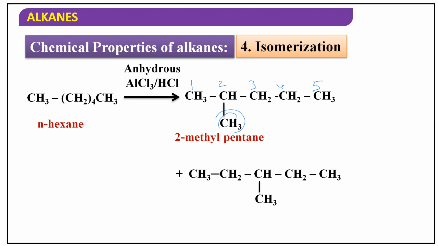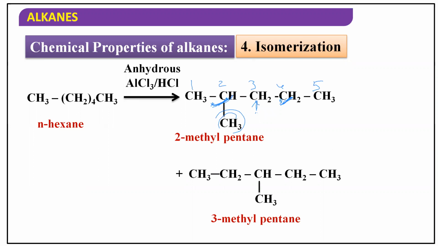Then, of course, another product, because we have to understand that there are different types of carbon here. This carbon is exactly in between. This and this will be the same, so whether CH3 comes here or here doesn't matter. But if it comes in between, it is a different product: 3-methyl pentane. So 2-methyl pentane and 3-methyl pentane.